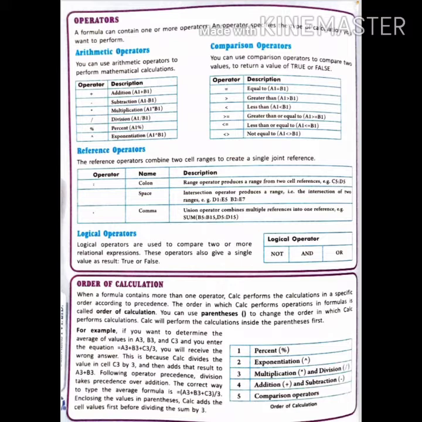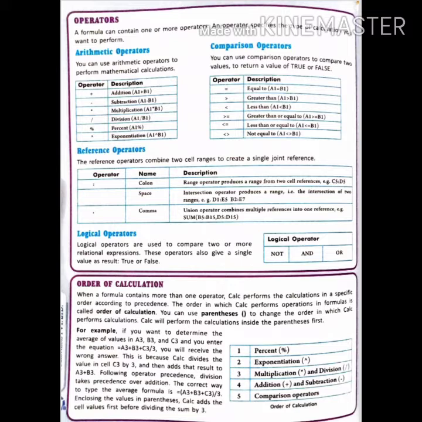Reference operators. The reference operators combine two cell ranges to create a single joint reference. Operator, name, description: colon, range operator, produces a range from two cell references, example C5:D5.